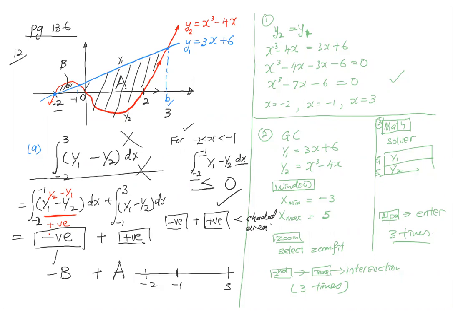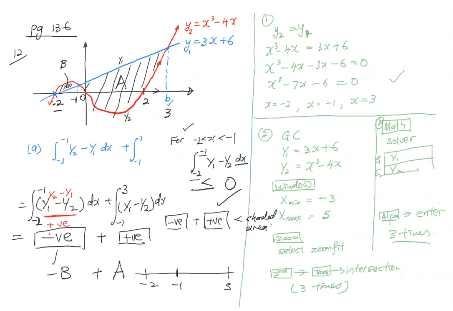I did it on purpose. So the correct answer for part A will be: integrate from -2 to -1, the top curve is y2, take away the bottom one, y1 dx, plus another limit from -1 to 3.